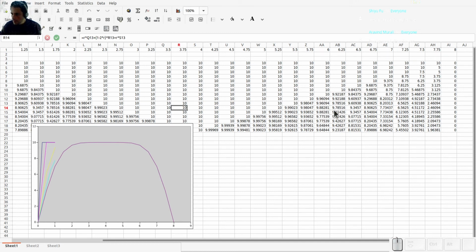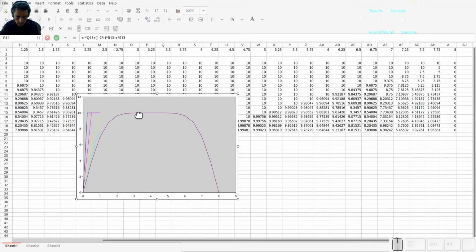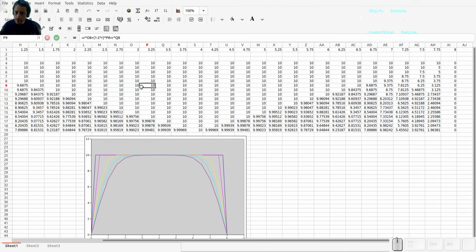Series 1. Okay, so the curves look much better when we are at the higher resolution like this, right?